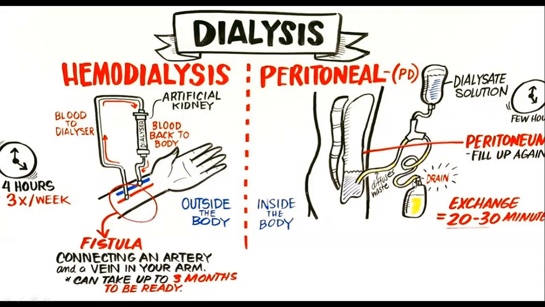It is passing the waste product. But in hemodialysis, we use the dialysis machine. We make a fistula, and basically it is done 4 hours in every session, 3 times per week, right?